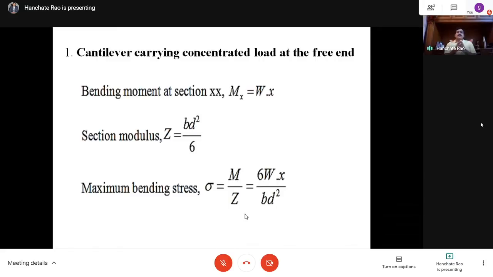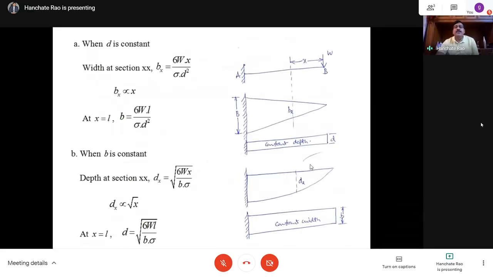So let us consider a cantilever carrying a concentrated load at the free end. A cantilever of length L is carrying a concentrated load W at the free end. If you consider any section X here, what is the bending moment?